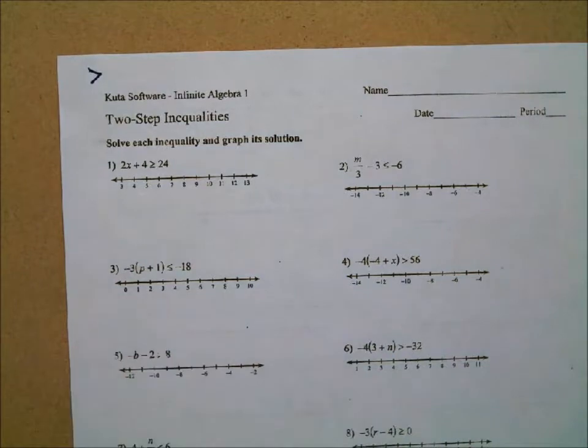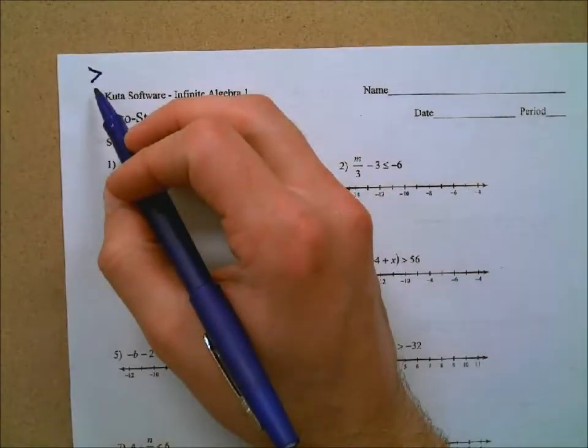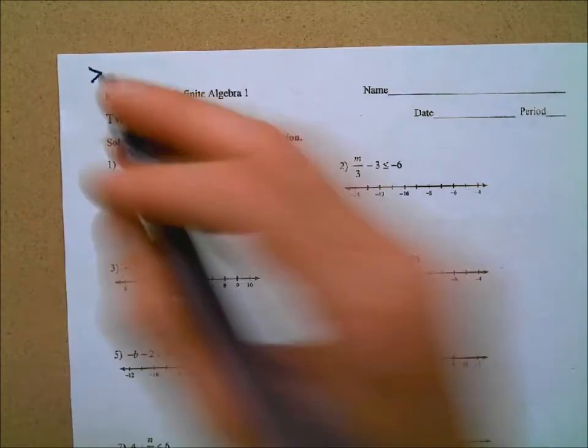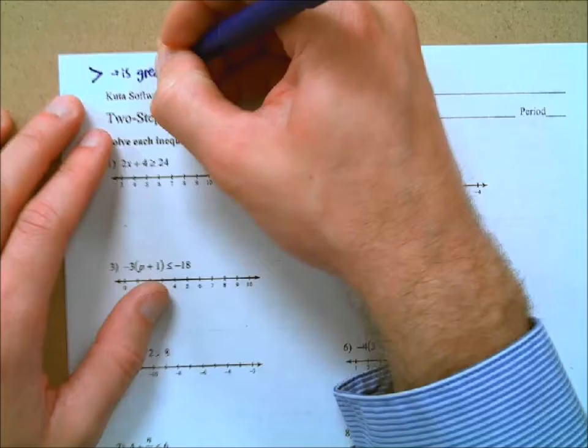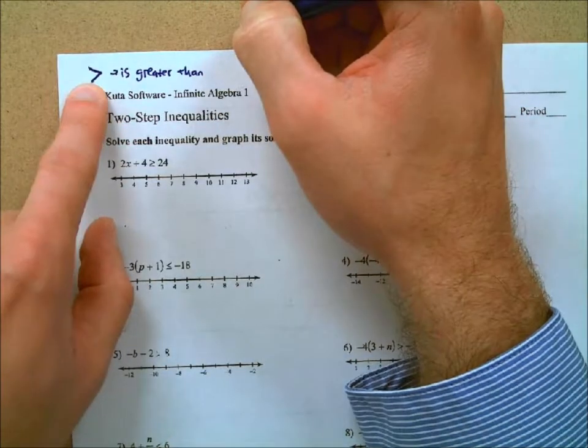But you also need to be able to read this symbol too. What is this symbol? Greater than. Is greater than. Okay? This is greater than the other side there, okay?